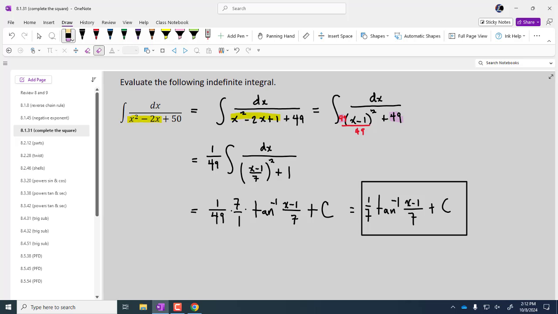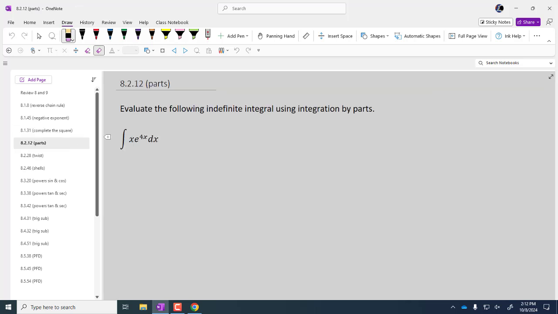So let's go to parts. The basic rule of thumb for integration by parts is that it's kind of a reverse product rule. And so when we look here, we see two functions. And so it's a natural instinct to go to integration by parts, because integration by parts does allow us to integrate a product, kind of as a reverse product rule.